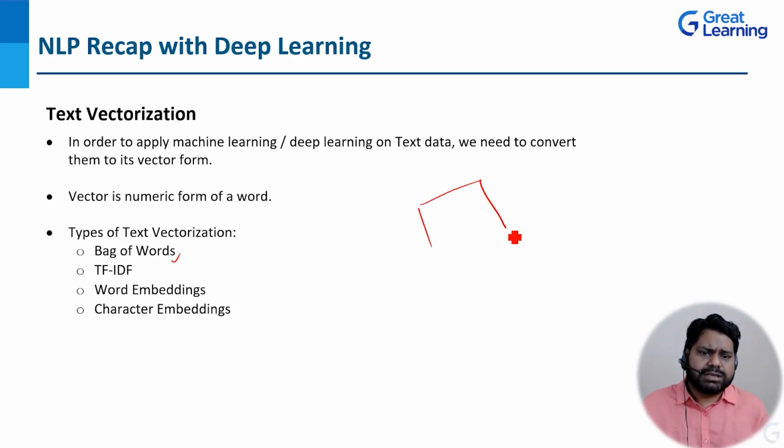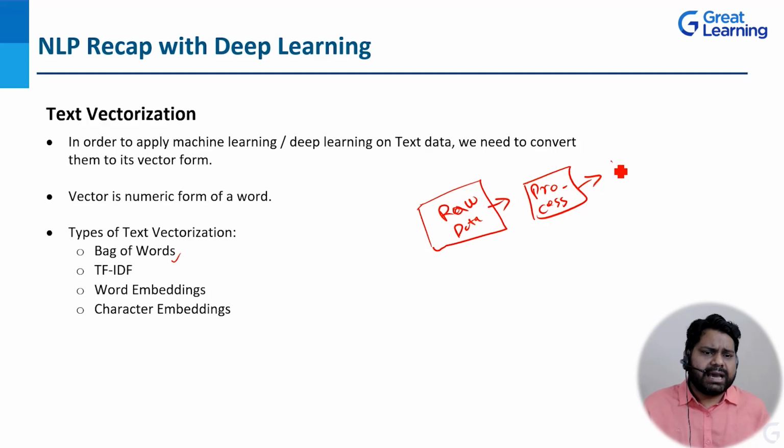Bag of words is a technique in which, from the entire text corpus, let's say we have raw data, and then we do the processing, and after processing we get data. This text data will go into a box.